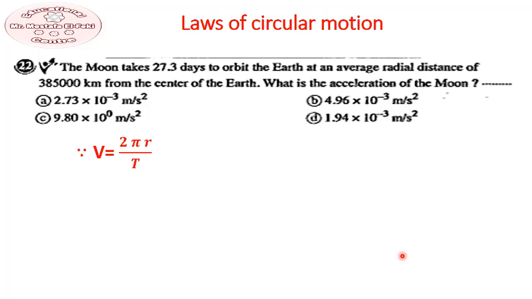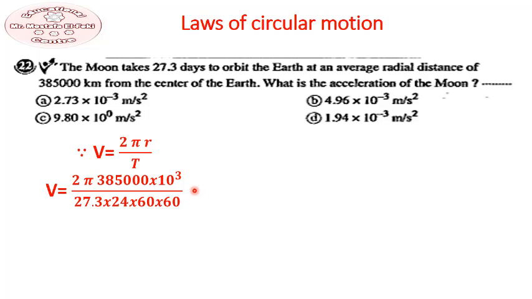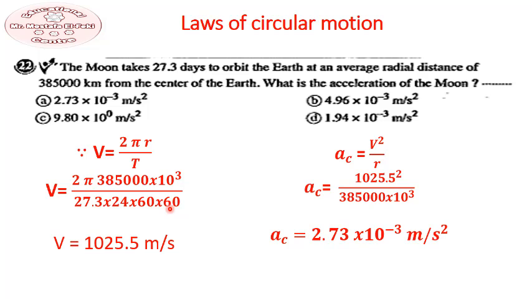Since the velocity equals 2 pi r divided by t, we must convert the distance from kilometers to meters by multiplying by 10 to the power of 3, and convert the time from 27.3 days to 24 hours, then to 60 minutes, then to 60 seconds. Then the velocity equals, since the acceleration equals v squared over r, then the acceleration equals 2.73 times 10 to the power of negative 3 meters per second squared.